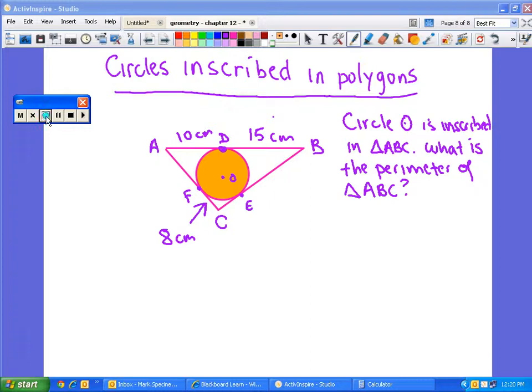Okay? Let me say that again. If two tangent segments share a common endpoint, then those two segments are congruent.